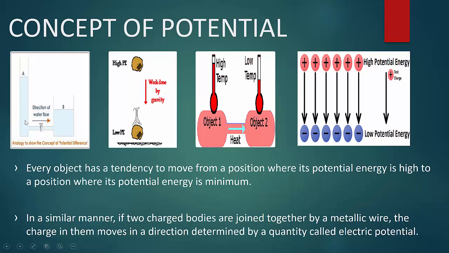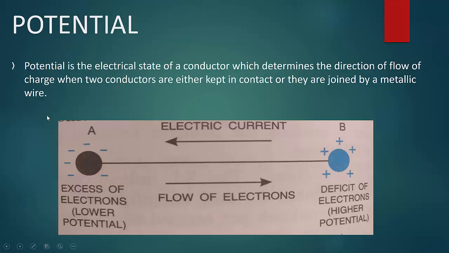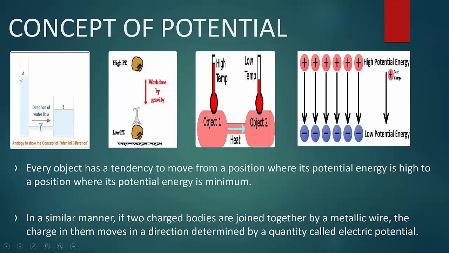The direction of water flow will be from vessel A to vessel B. Why? Because the direction of water flow depends upon the level of water. Since the height of the water level is higher in A than B, water flows from the higher level to the lower level.